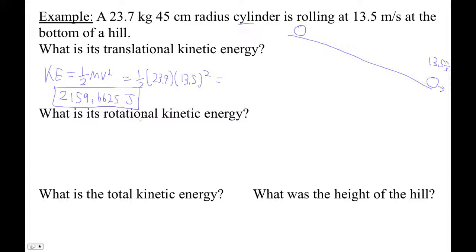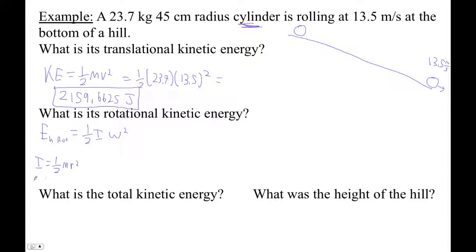Now, rotational kinetic energy is harder to do. So EK rot is 1/2 I omega squared. Well, we don't know I and we don't know omega, but we can figure them out. I, since it's a cylinder, is 1/2 mr squared. It's 1/2 because it's a cylinder.